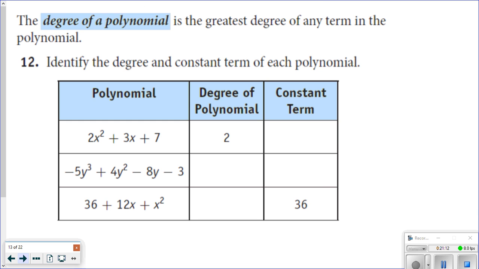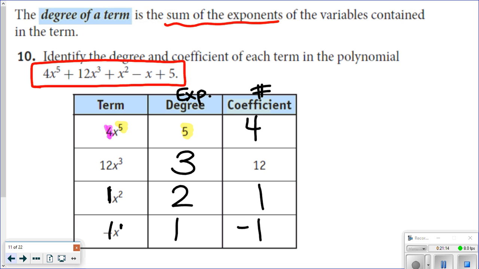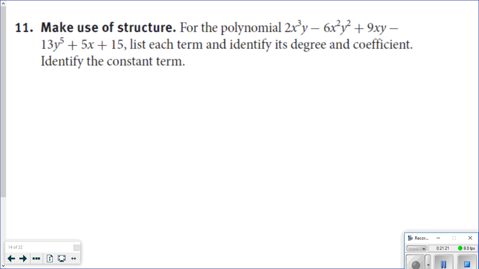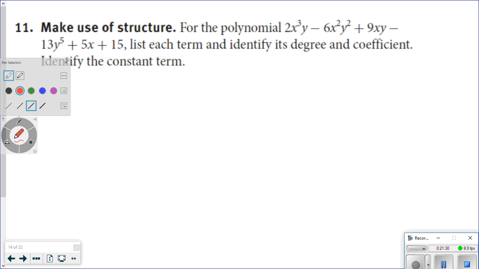Uh-oh, where did question 11 go? So for question 11, we had this really long polynomial starting with 2x cubed y, and it ends with a 15.